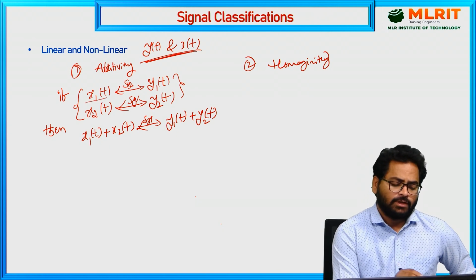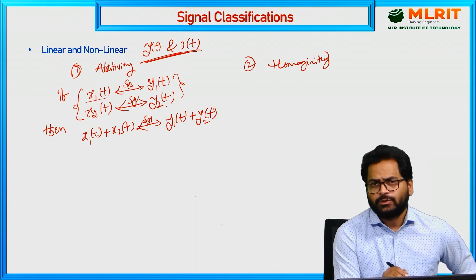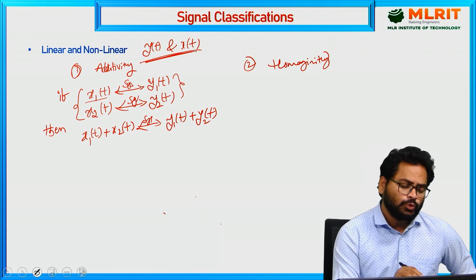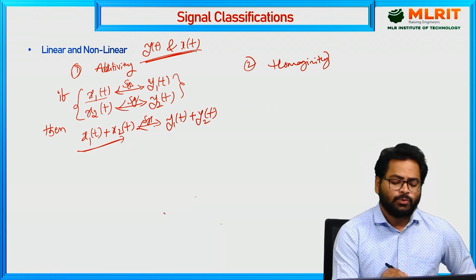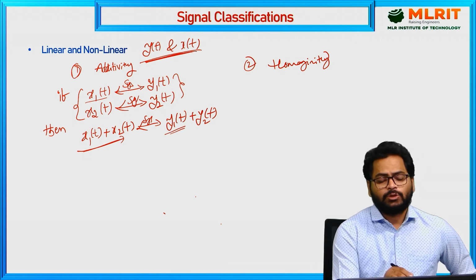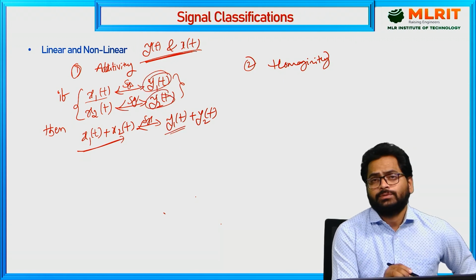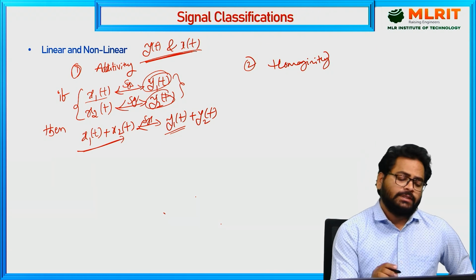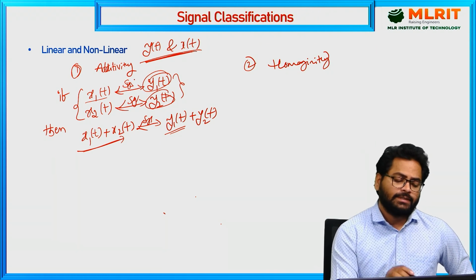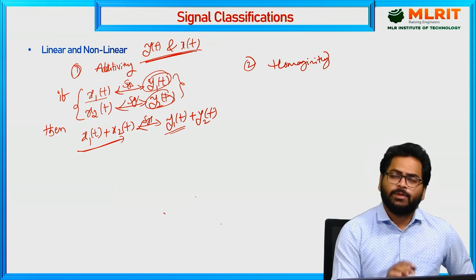If I give x1 of t, I should get y1 of t, and if I give x2 of t, I should get y2 of t. So if I add these 2 signals and give them as an input to the same system, I should be able to write the output as the sum of the 2 individual outputs. If the system satisfies this, then we say the system satisfies the additivity property, the first one.